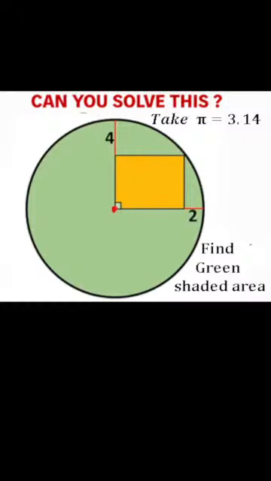Shigar is saying r square is equal to 4 plus 2 square. How is that possible? You can use whatever you want to use, Pinky. Just give me the explanation.